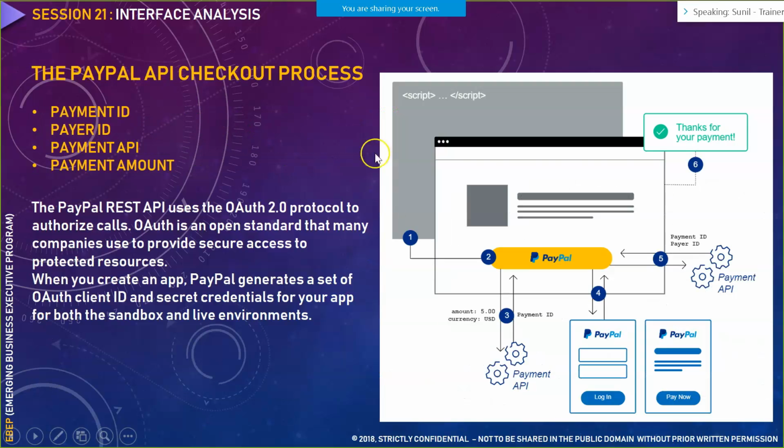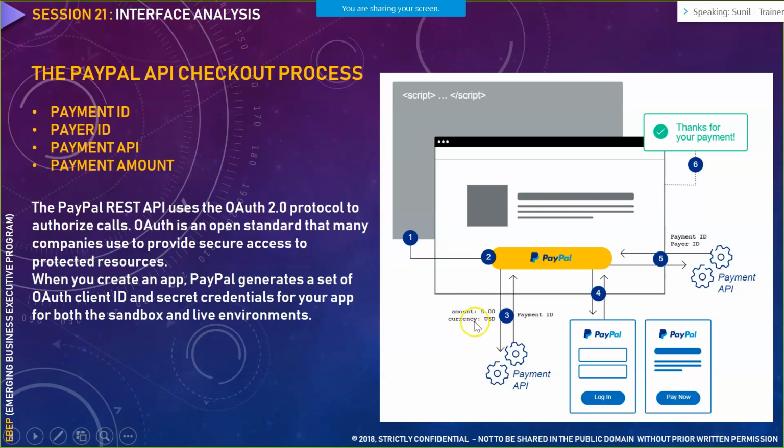For example, if we see this particular diagram over here, this is the PayPal API's checkout process. Now, checkout is a functionality the PayPal API gives to the end customer. For example, you have your web browser wherein you have a product listed. When you check out, you click on the PayPal button. Now, when you click on the PayPal button, what information does the PayPal API receive?